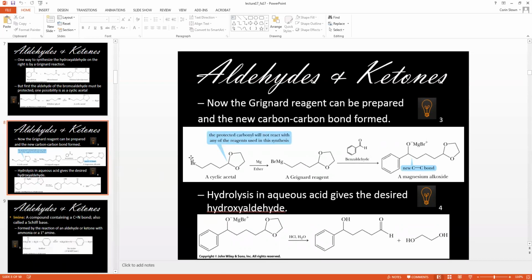So notice, I form as my first step a cyclic acetal, then as my subsequent step I form a Grignard reagent, and then as the third step I form my magnesium alkoxide, which I can then protonate to generate my alcohol. So hydrolysis in aqueous acid will then give back my hydroxyaldehyde.